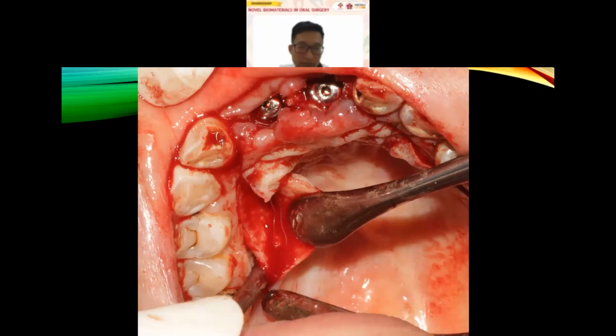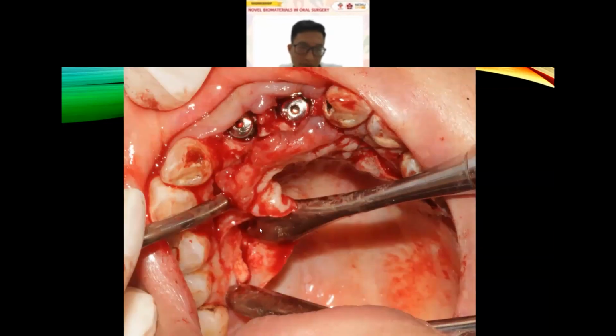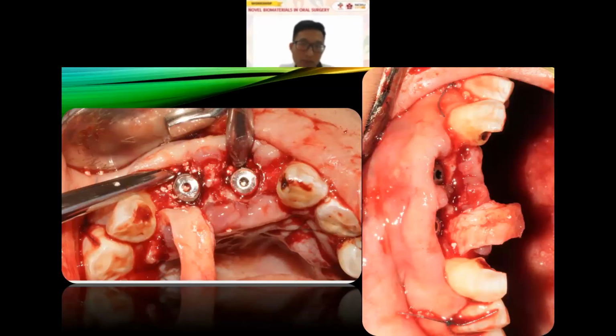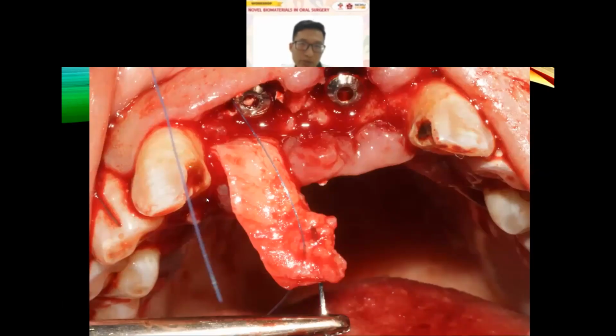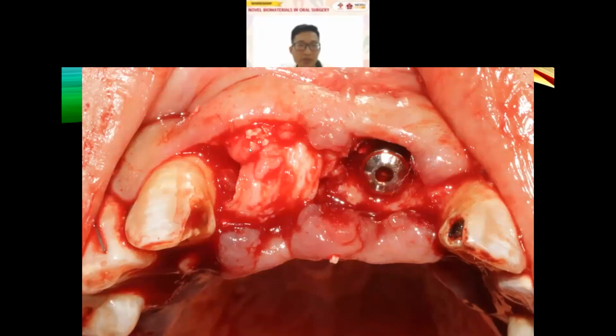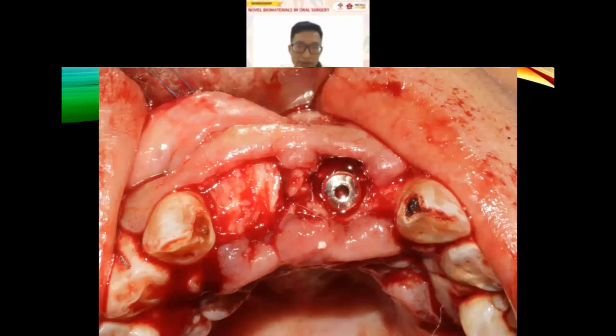You can see the subepithelial connective tissue; we remove the connective tissue while remaining the blood supply in the anterior, and cover this side, making some bone grafting as well as suturing the graft on the buccal side to cover the areas.